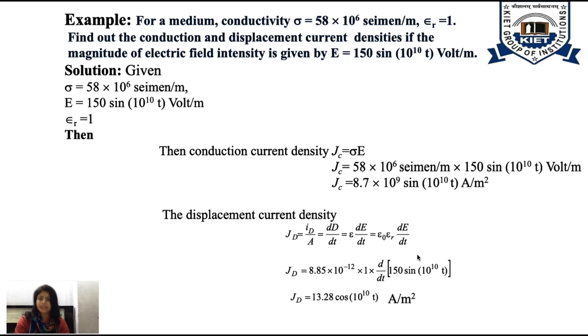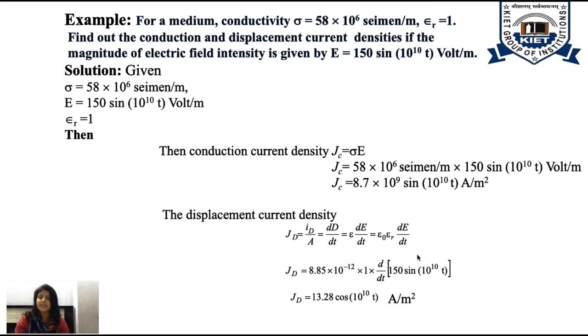Then we have sigma, conductivity, electric field, and relative permittivity. Then we know that the conduction current is due to the flow of charges. Then from the Ohm's law, Jc is equal to sigma E. Substituting the value of sigma and E, we get the conduction current density Jc is equal to 8.7 into 10 to the power 9 sine 10 to the power 10 t ampere per meter square.